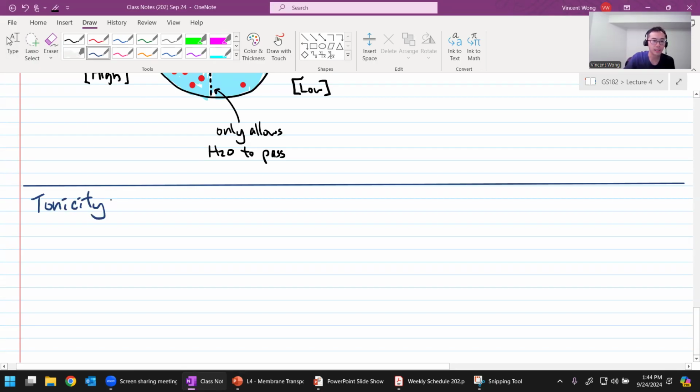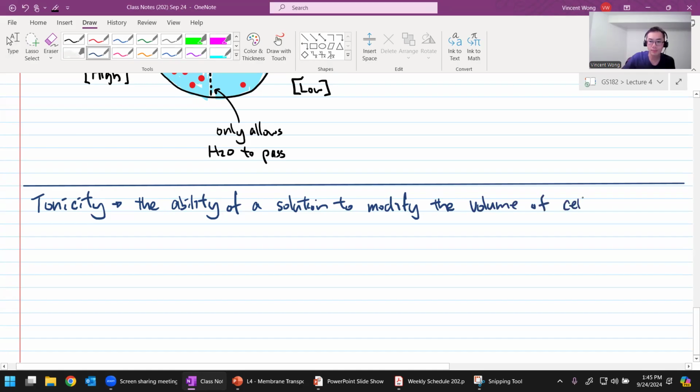Tonicity. The definition is the ability of a solution to modify the volume of cells by altering their water content.